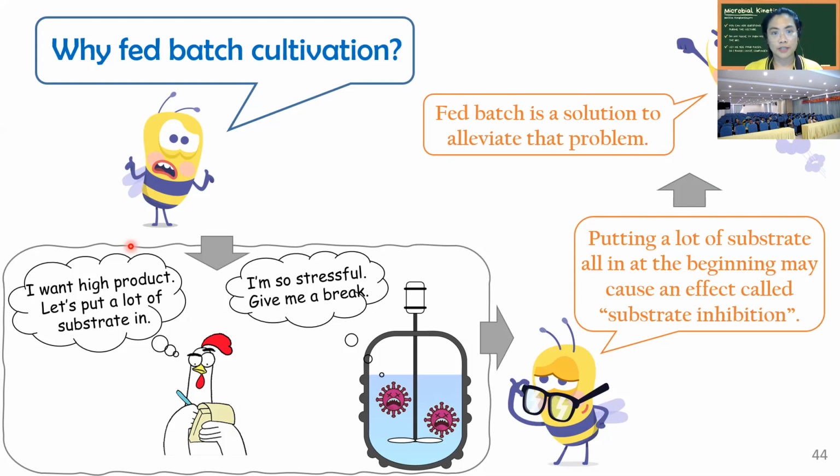Okay, you put stress into the cells because say if you put like 200 grams per liter of sugar into your batch fermentation, it's not only a lot of substrate in there, the high concentration itself will cause the high osmotic pressure.